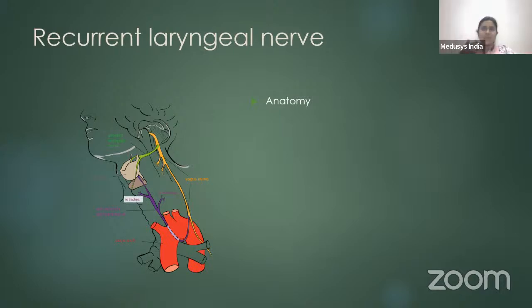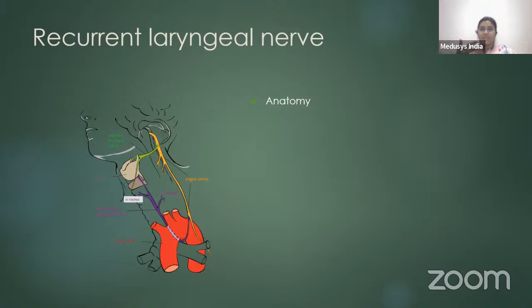If they ask, can you tell me something about the recurrent laryngeal nerve, you can say it's a branch from the vagus, and it hooks around something on the left side and something on the right side. On the left side, it hooks around the arch of aorta, and on the right side, it hooks around the subclavian artery, and it climbs up to the larynx.